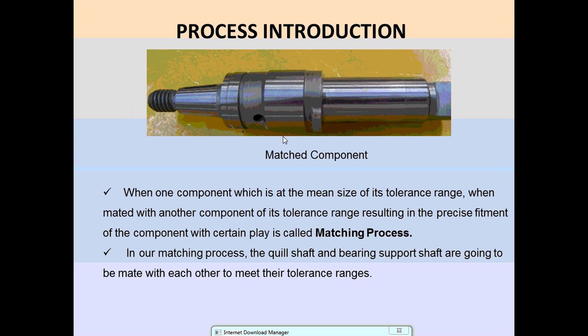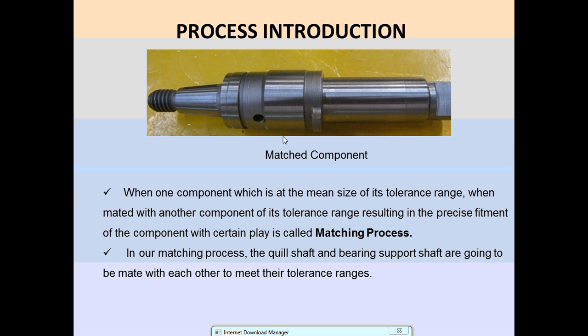This is the matching component which is used inside the fuel injection pump. The whole matching process is a rotary type of process in the fuel injection pump. The whole process also creates the performance of the fuel injection pump.